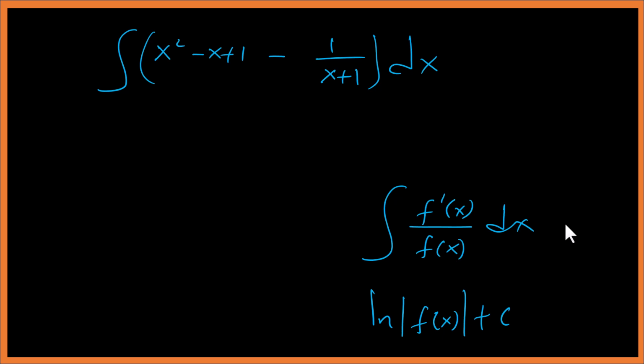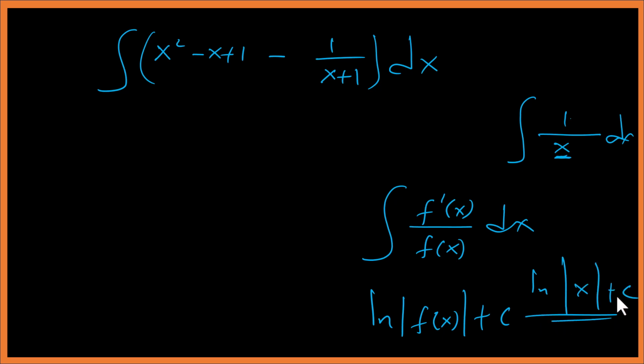So in case we're given the integral of 1 on x, the derivative of x is 1, so the answer will be the natural log of the absolute value of x plus c. With this, let's go back to the question.